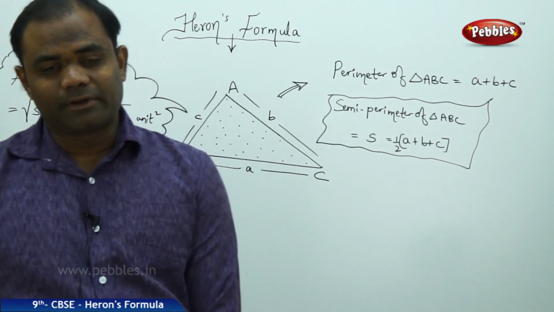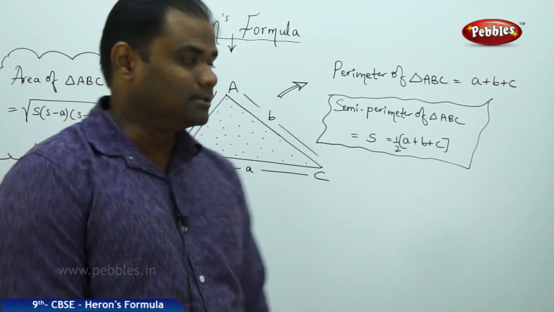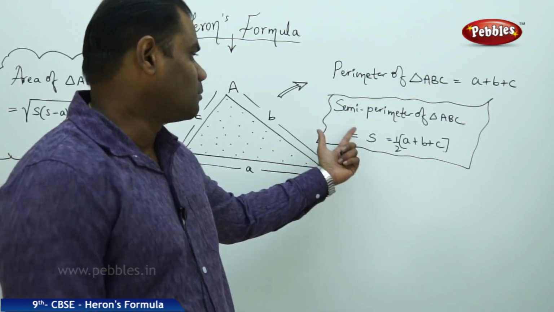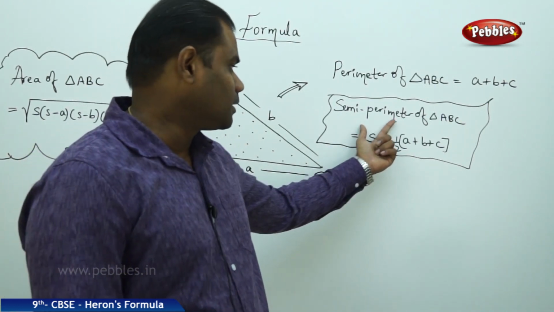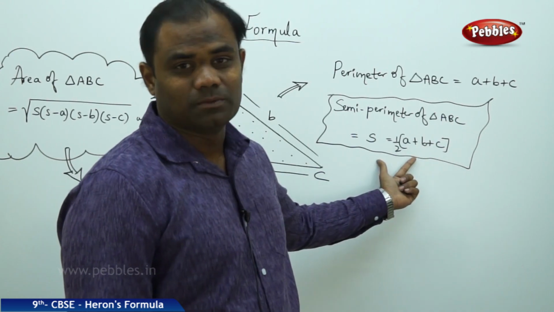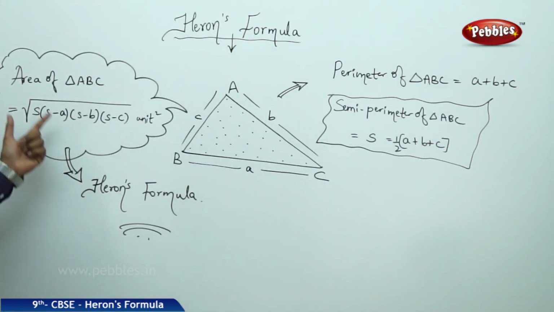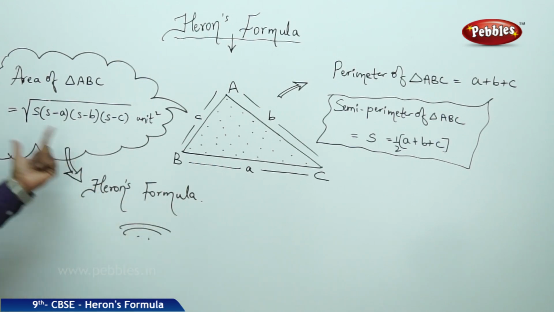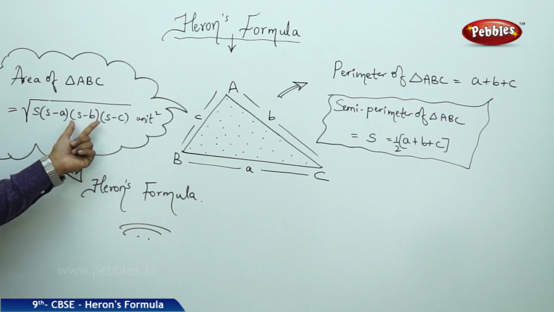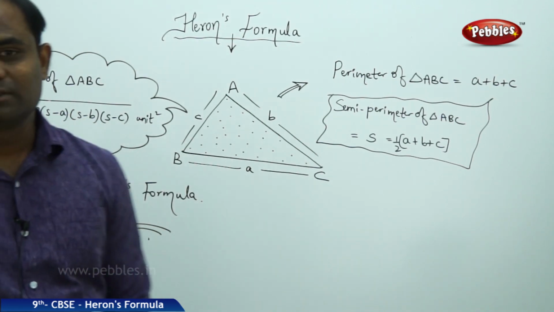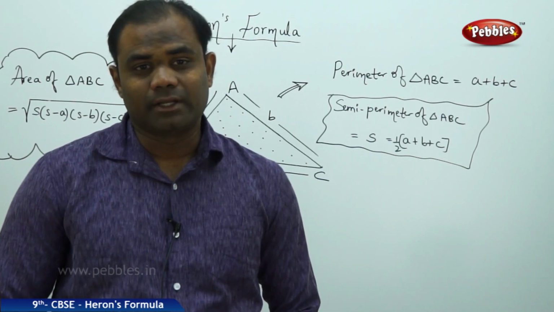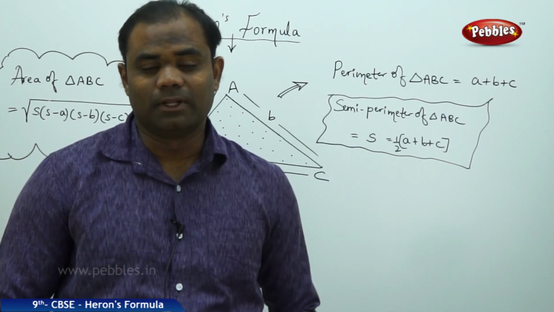If three sides of a triangle are given, a, b, c, then we can find the area of the triangle using the semi-perimeter s, which is given by a plus b plus c by 2, and the formula for finding the area of triangle ABC using Heron's formula is root of s into s minus a into s minus b into s minus c unit square. That is the area of a triangle with Heron's formula.